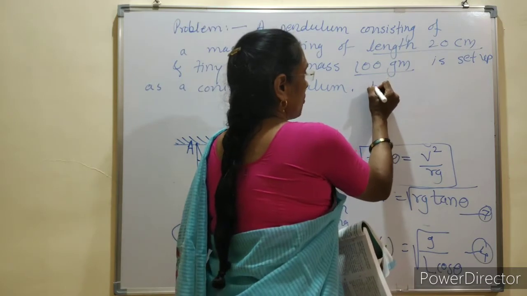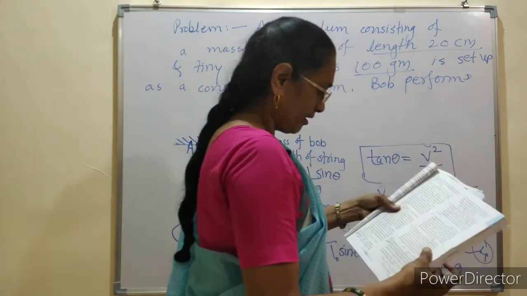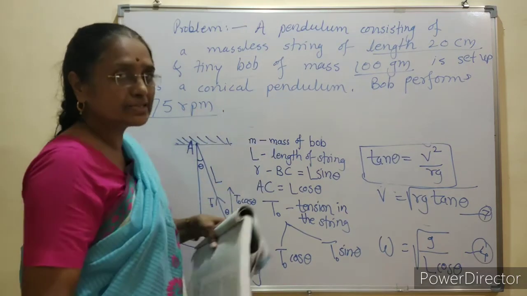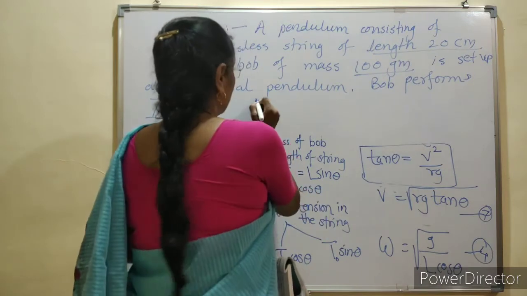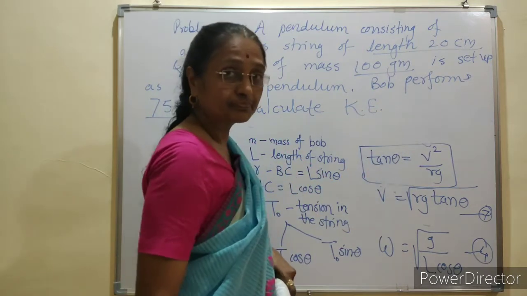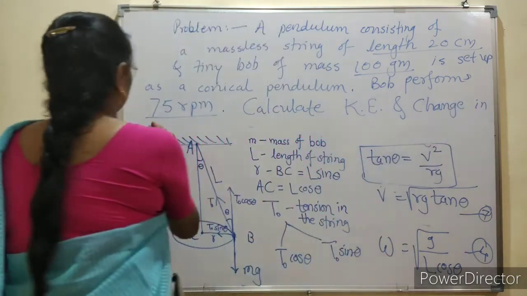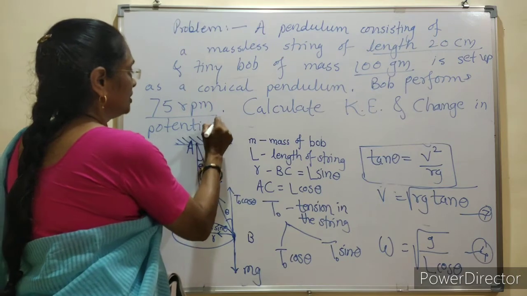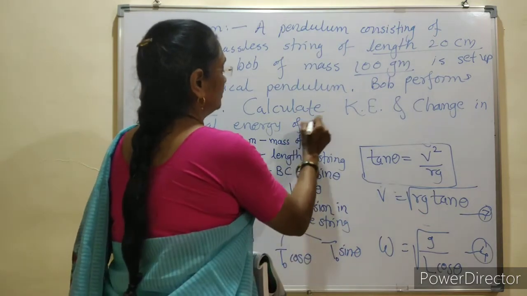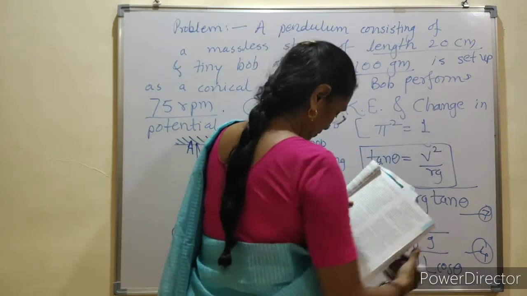Now the bob performs 75 RPM. Here frequency is given and the quantities which we have to calculate are kinetic energy and change in potential energy of the system or of the bob, and it is given in the bracket that pi square is equal to 10.